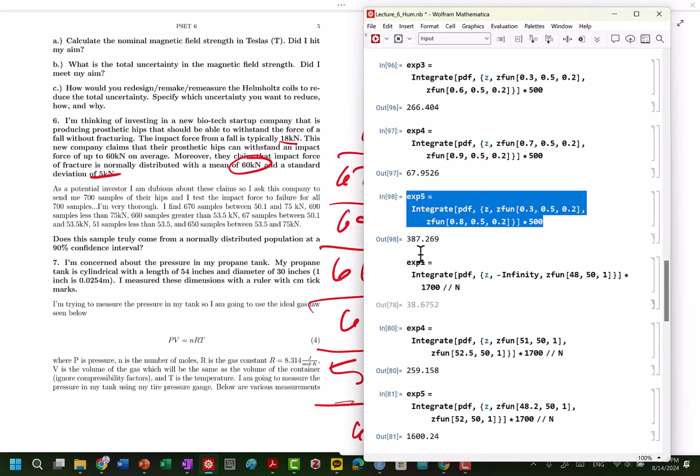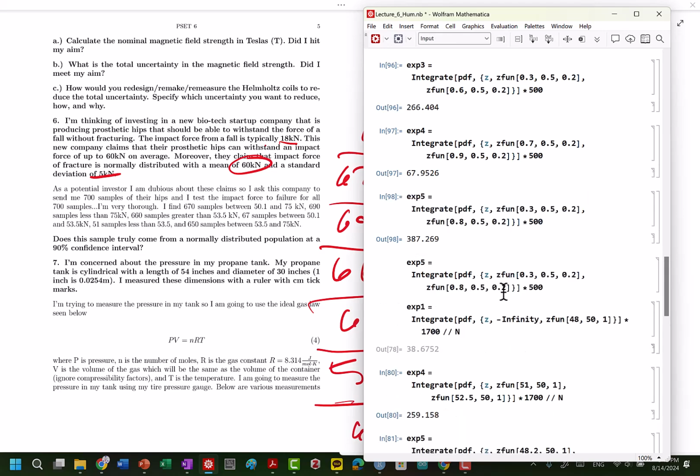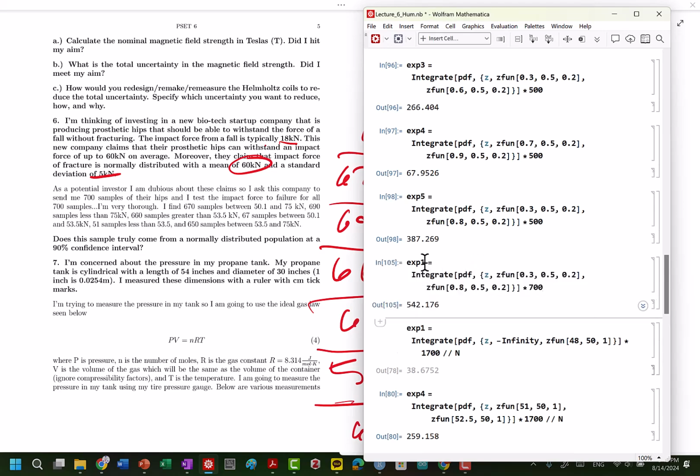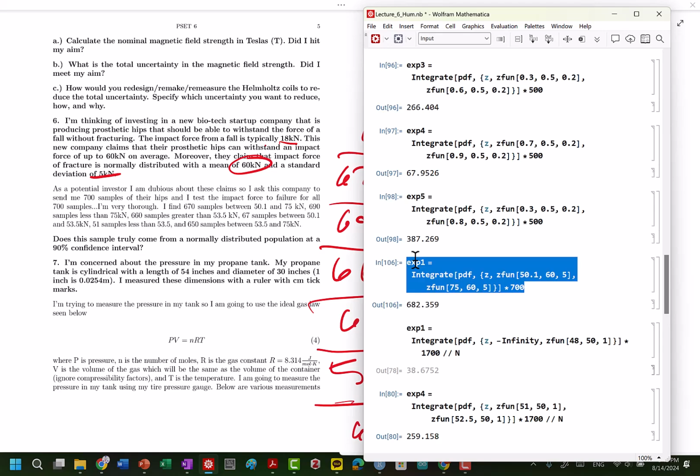And then our samples are 700 samples, so we need to change this to 700. So expected 1, we're looking at between 50.1. Our mean is 60 and our standard deviation is 5. 50.1 and 75. So let's go ahead and do 75. So that's our expected 1.